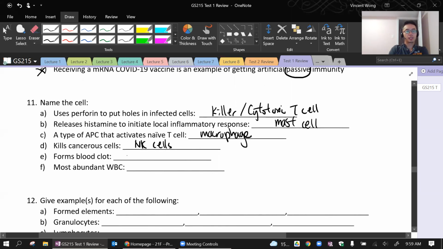Forms blood clot, platelets. Most abundant WBC, neutrophils. Okay.